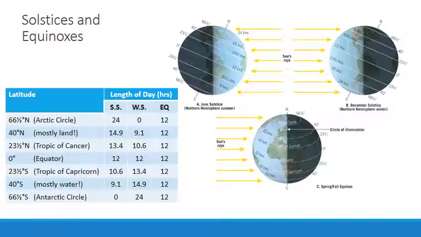The circle of illumination is that boundary that separates the dark half of the Earth from the light half. The length of daylight is established by comparing the fraction of a line of latitude that is on the day side of the circle with the fraction that's on the night side of the circle.